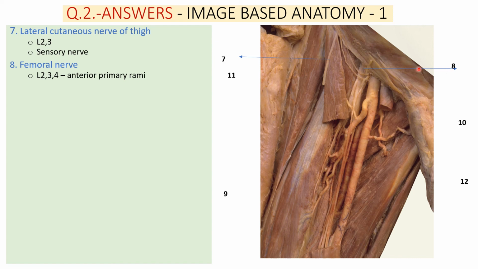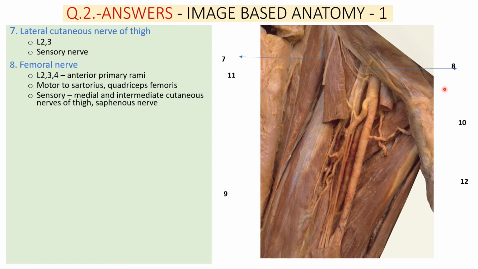Its root value is L2, 3, 4 and formed by anterior primary rami of these 3 roots, and it is motor to sartorius muscle, and then the quadriceps femoris muscle, and it is sensory also. So it gives rise to the medial and intermediate cutaneous nerves of thigh and the saphenous nerve. So that is about the femoral nerve, which is an important nerve to be read.